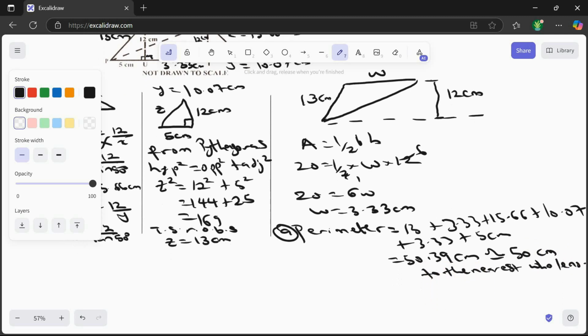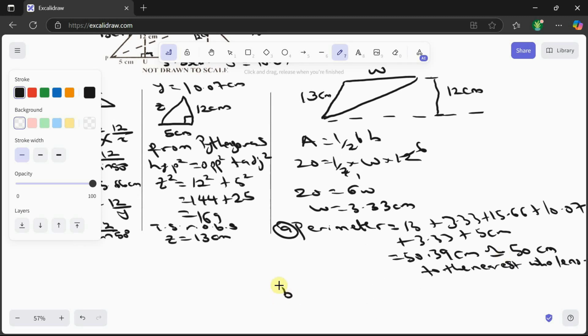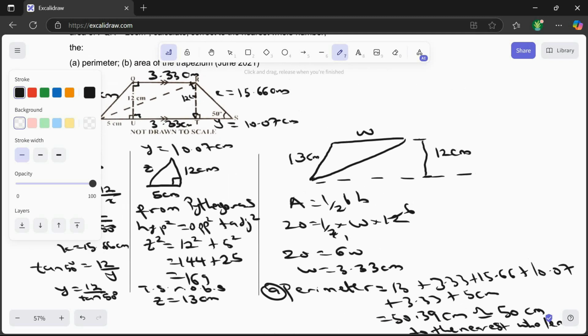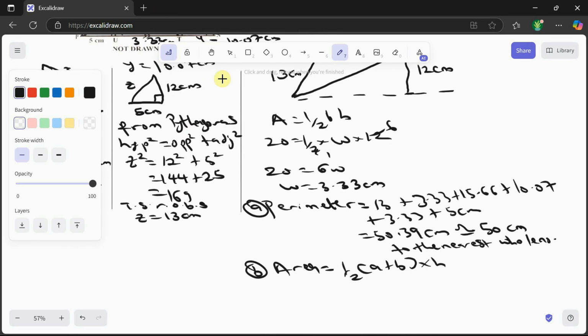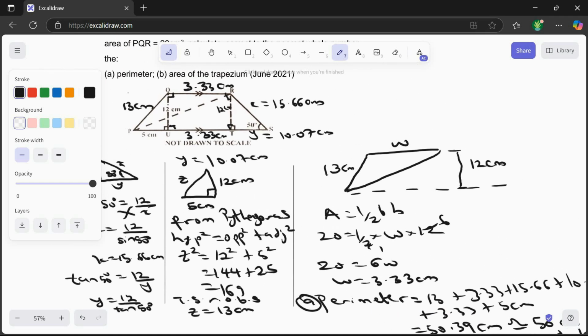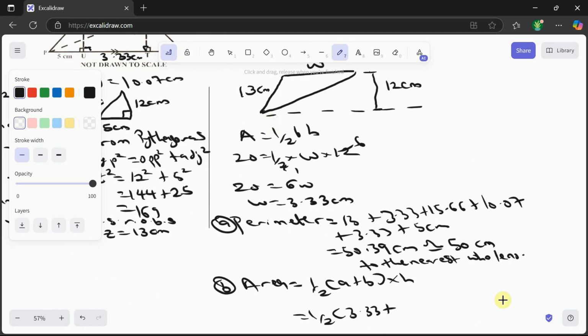Great. So B says that we should find the area, right? And how do we find the area of a trapezium? We say half the addition of the two bases times the height. The first base is 3.33, so that will be half of 3.33 plus the other base down here, which is 5 plus 3.33 plus 10.07. So this is 18.4.